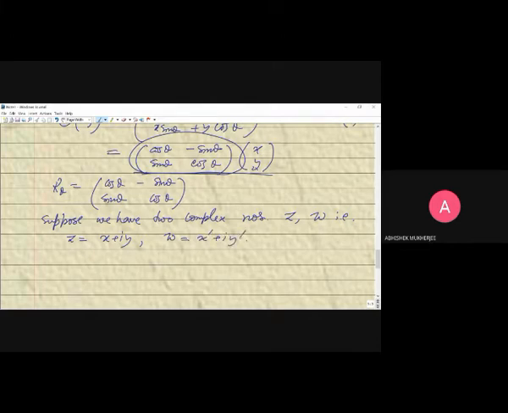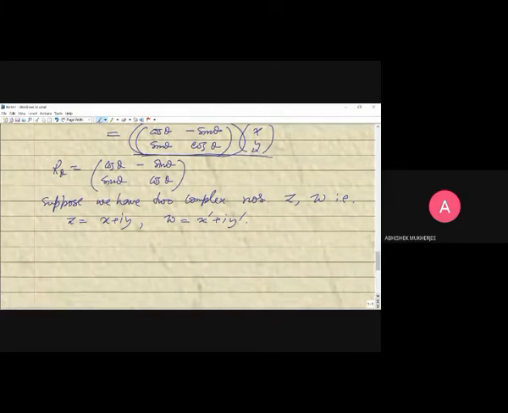Then you see that the multiplication between two complex numbers z and w gives you some rotation matrix.